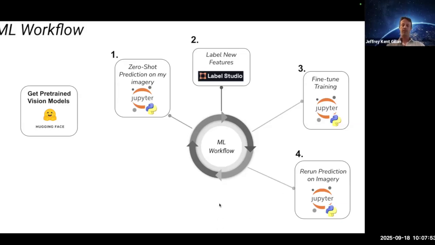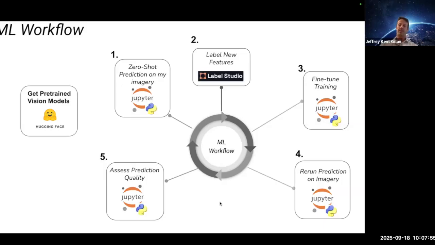We will do a bit of an assessment of the quality of this new model. Is it doing what we're saying it's doing? And then that's pretty much the whole workflow. I've got some other things on how to get data in and out, but for the most part, that's the general machine learning workflow we're going to do. It's all in Python, in a Jupyter notebook.